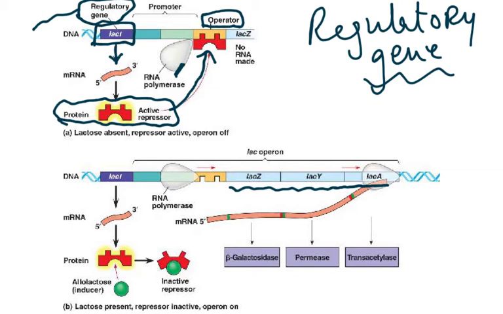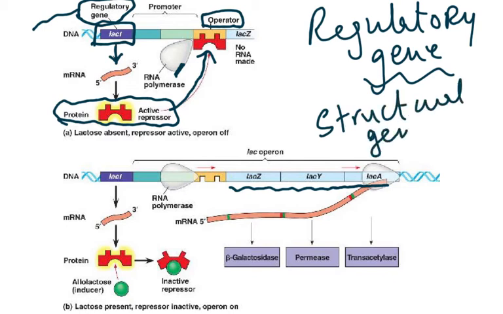So the bacteria does not waste its amino acids. So the difference is regulatory gene and structural genes. Structural genes are usually the ones which the bacteria uses for making certain enzymes or proteins which are beneficial for its normal functioning.